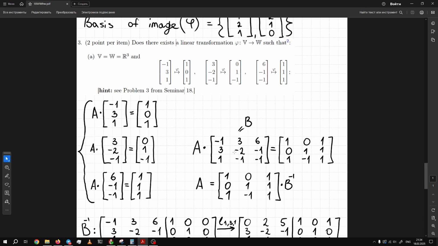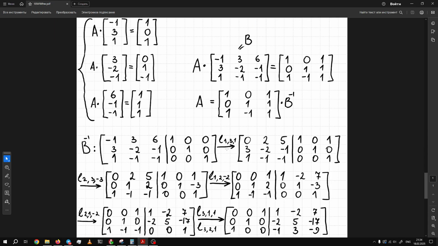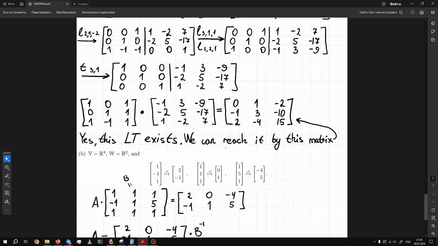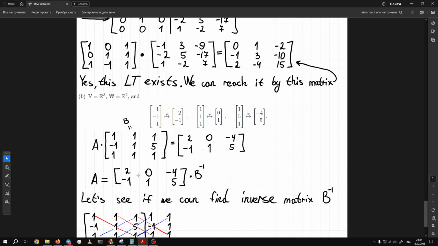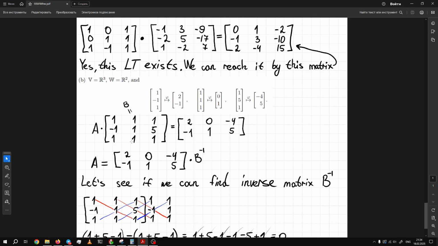So we can multiply these matrices and nothing will go wrong. Okay, so I think it's clear. So the linear transformation exists.